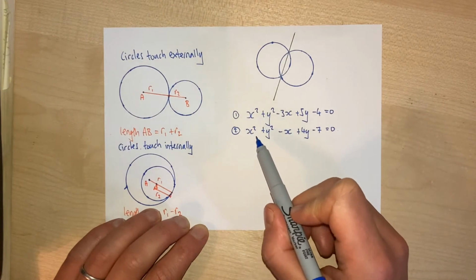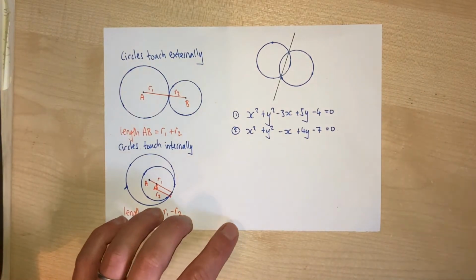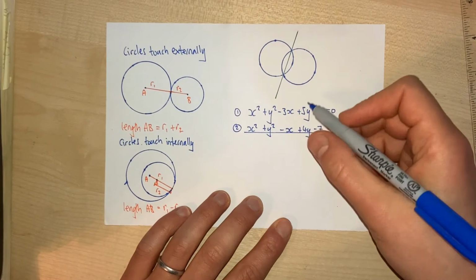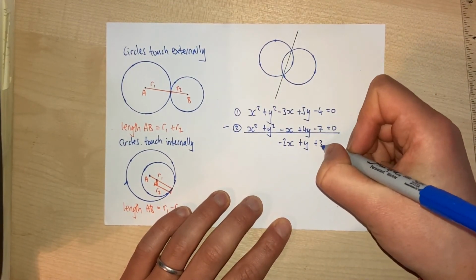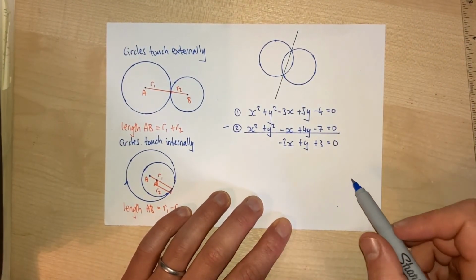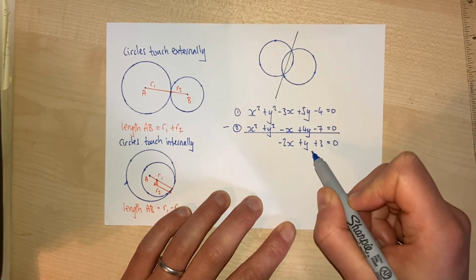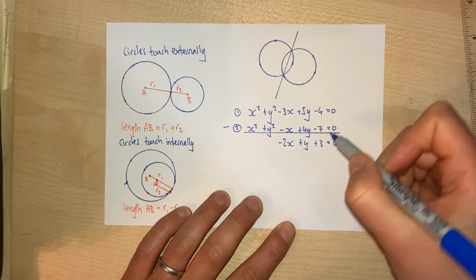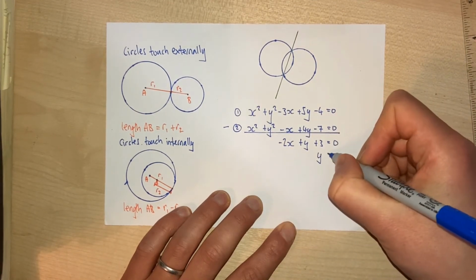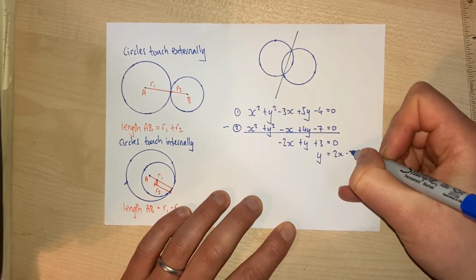First of all, I'm going to take one away from the other. I'm going to use this equation, I'm going to rearrange it and substitute it back into one of the above equations. So here I have y equals 2x minus 3.